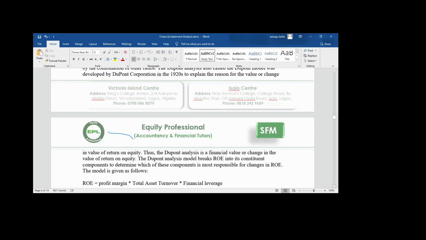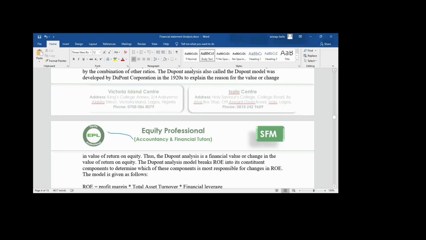A company is only considered doing well if you are generating enough return to your shareholders, because the shareholders have provided the money to do the business, and they can take their money away one day. So the DuPont model explains the reason for the value and change in value of return on equity.